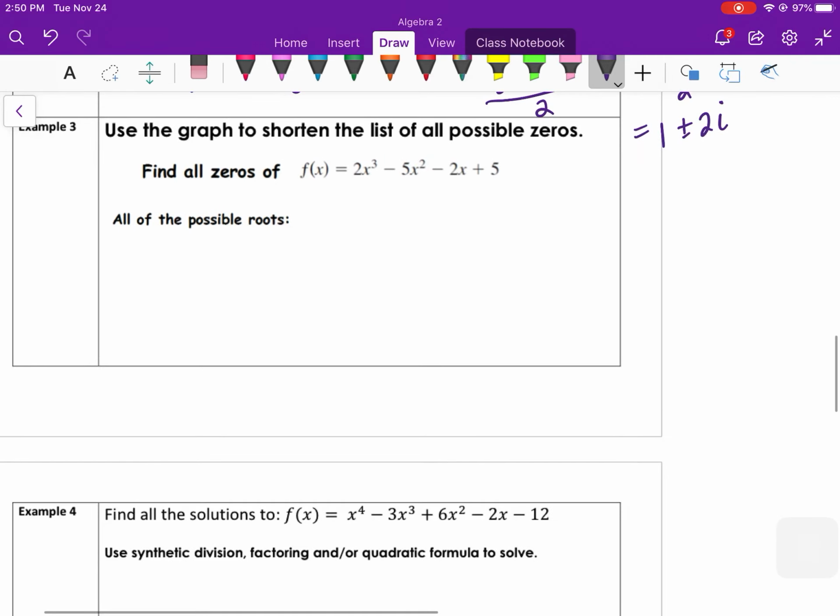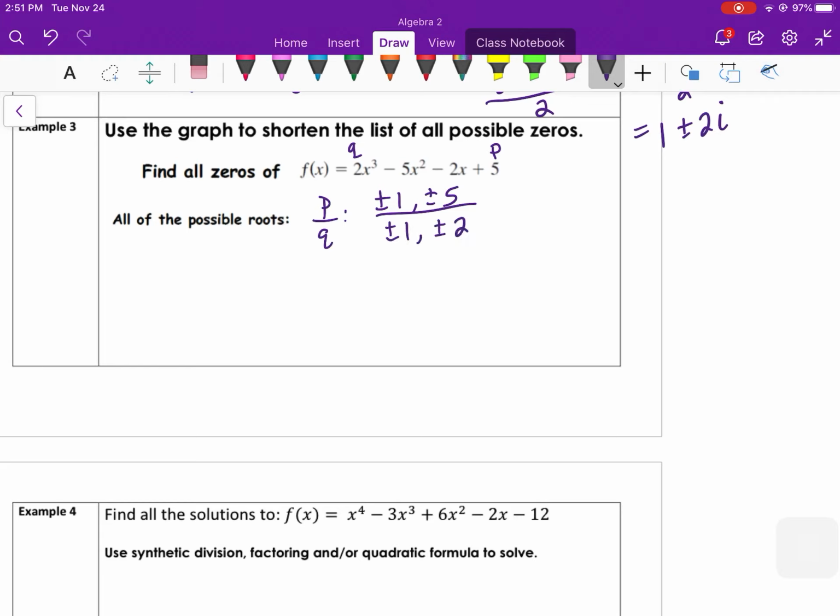Okay, so we have a cubic function again. The possible roots here, we have our p and our q. Factors of p, so the last constant term, factors of 5 is 1 and 5, and factors of the leading coefficient of 2 is 1 and 2.